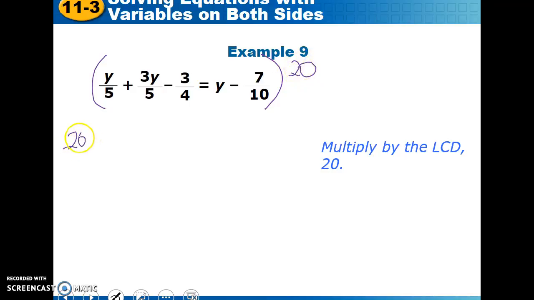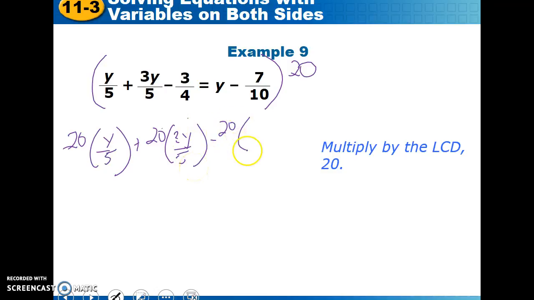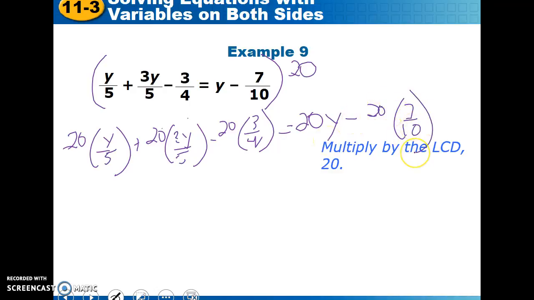So 20 times the y over 5 plus 20 times 3y over 5 minus 20 times 3/4 equals 20 times y, which is just 20y, minus 20 times 7/10, which multiply it times every single term in here.